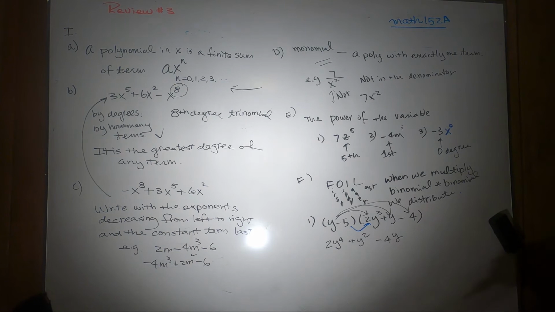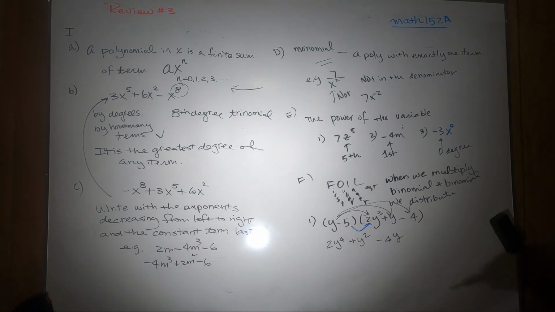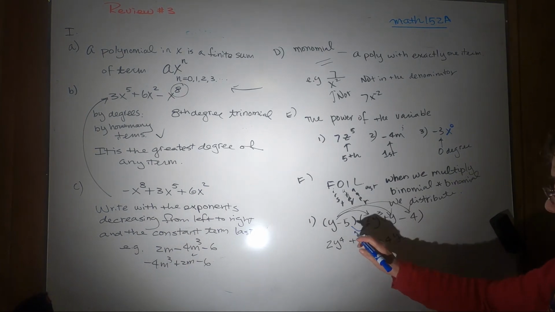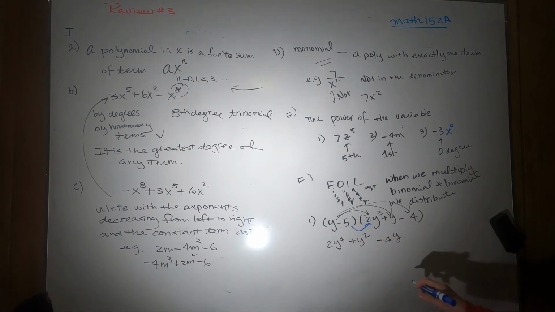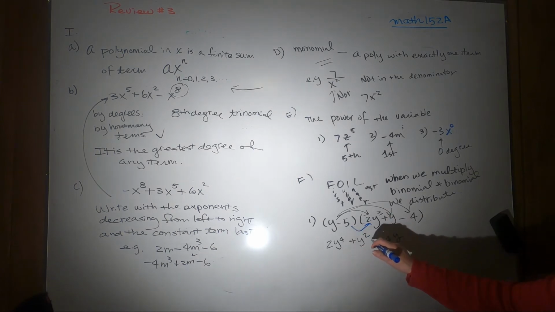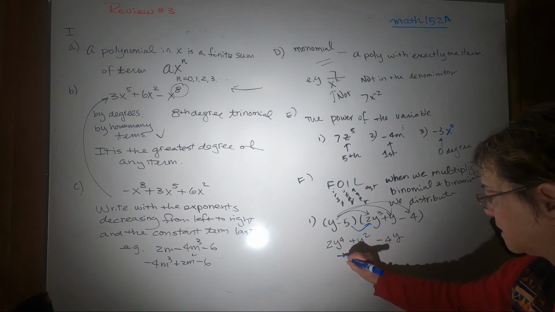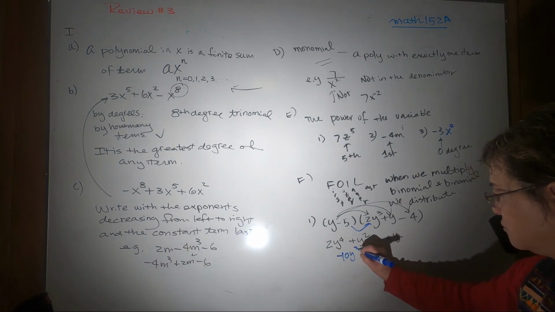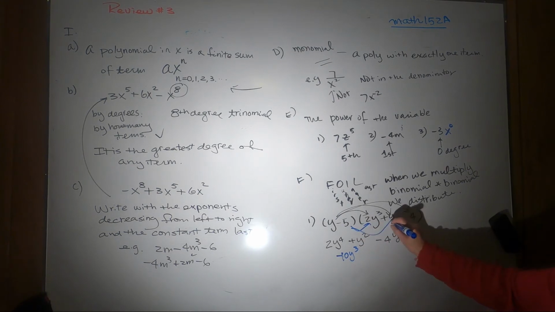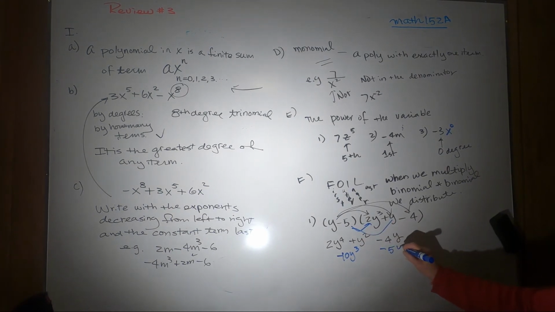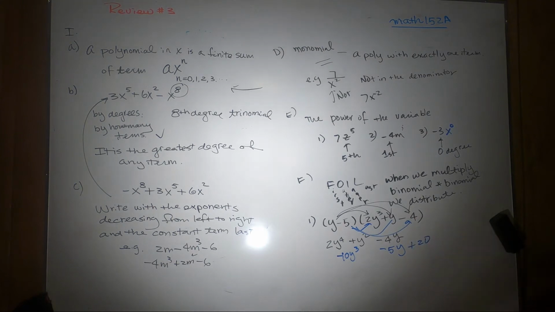So 5 times 2, 10, negative 10. So we want to line them up, right? But the y to the 4th, y squared, there is no y cubed, so you write it in between, minus 10y cubed, right? Then this one, minus 5y, this one, plus 20, right? Then combine like terms.